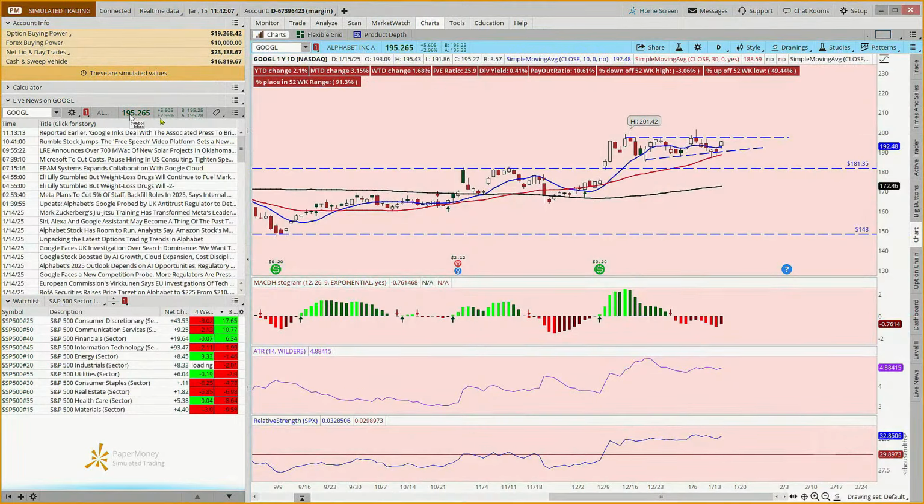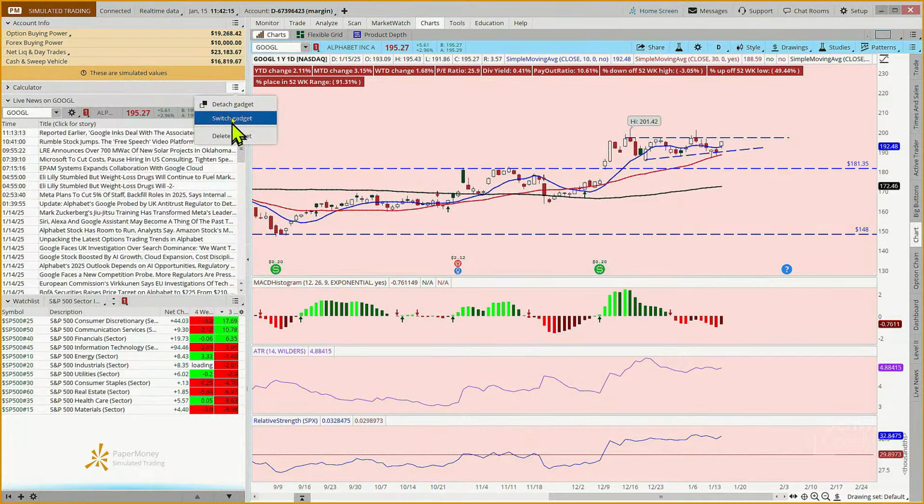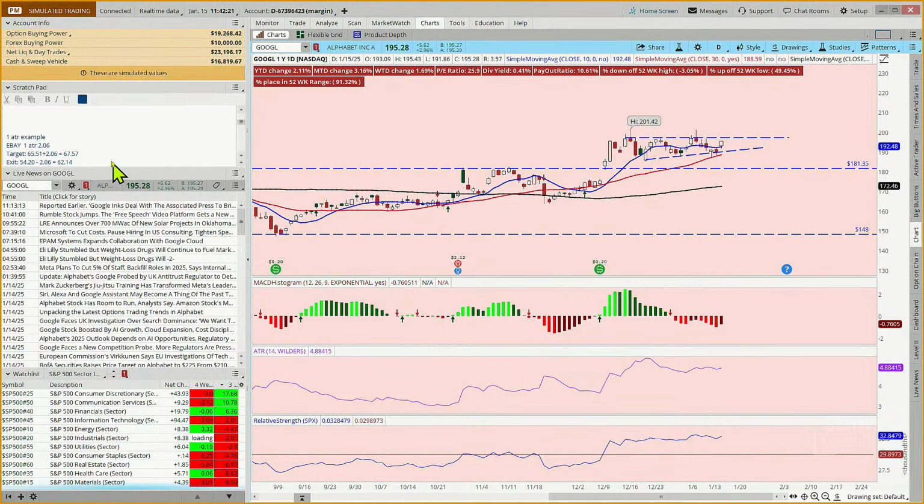And then what would our target be? Well, our ATR is 488. Sorry, I didn't want to detach that. I wanted to switch it. Scratch pad. So this is Goog, and the one ATR is 488.